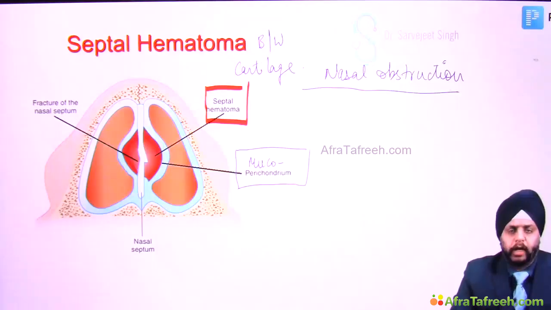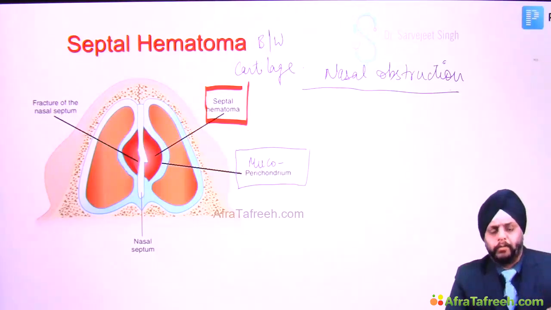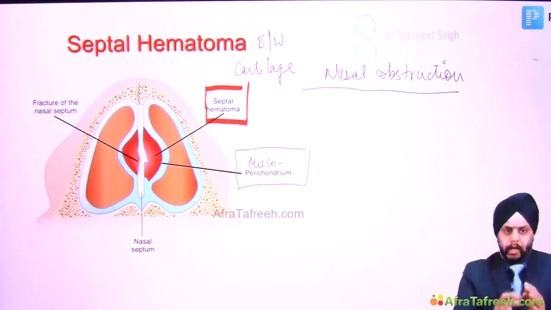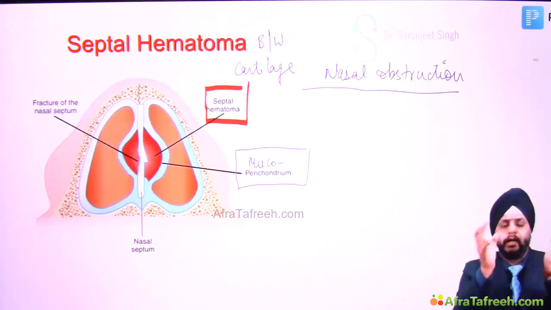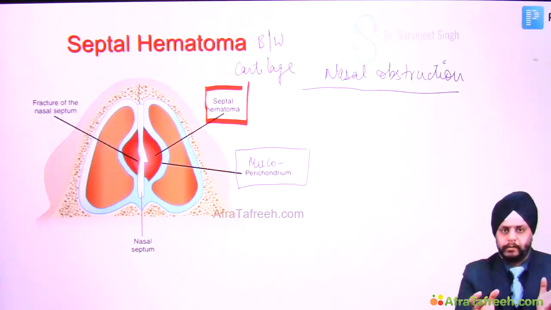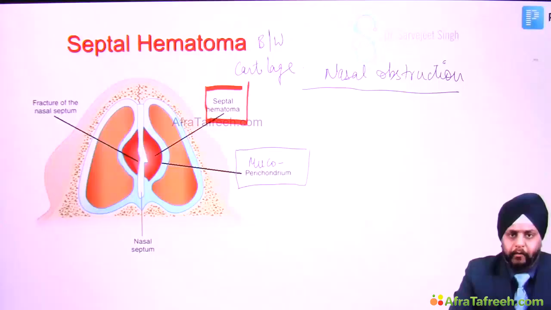Remember, the septum is midline. Whenever there is a fracture and blood collection, the hematoma formation is always bilateral. So the patient will have bilateral nasal obstruction.